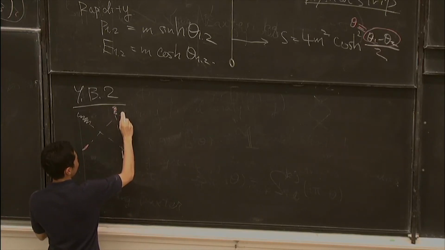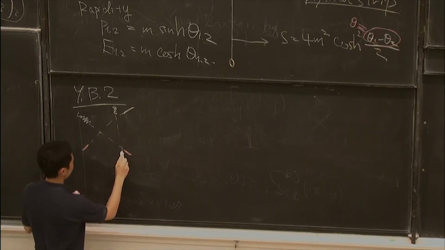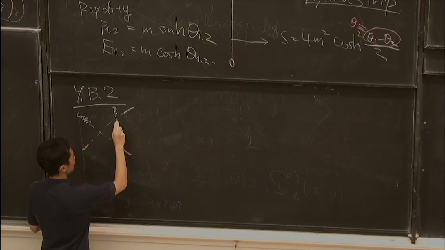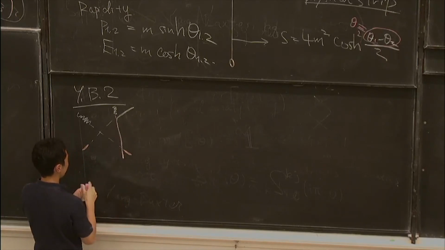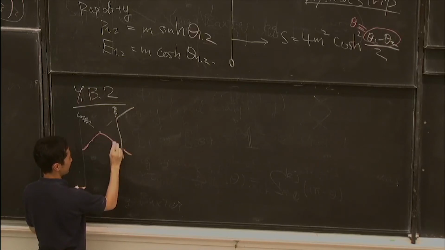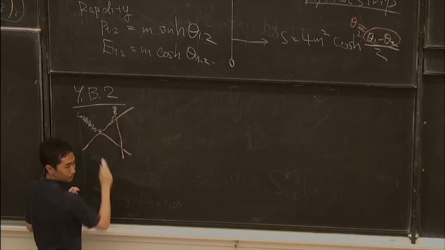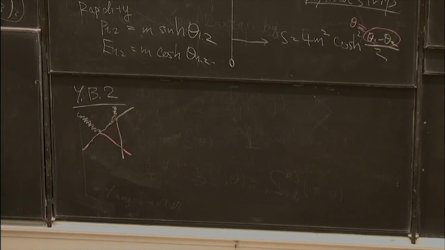And then I put particles with white index here. You can convince yourself that the only possibility to connect the colors consistently is to do something like this.